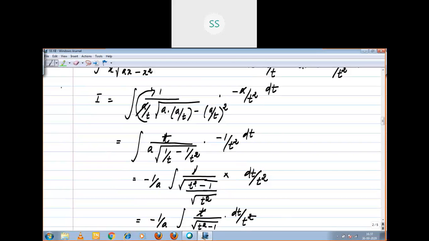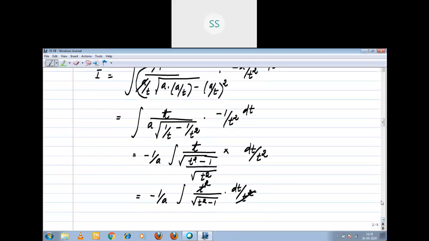See, cancel, right? Now, what is it? Only t is there, right? Now, root of t minus 1. How is it? One more t is there, no? Here, see, the t, a by t, this t, it will move to the numerator.